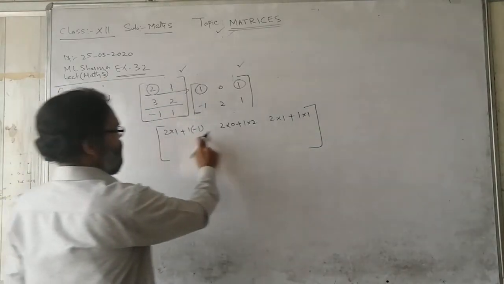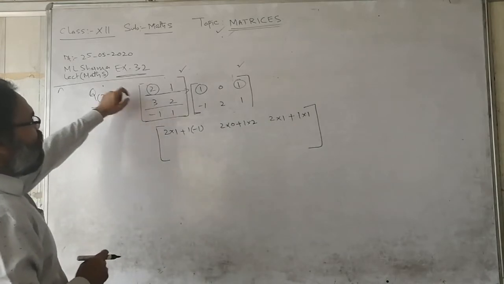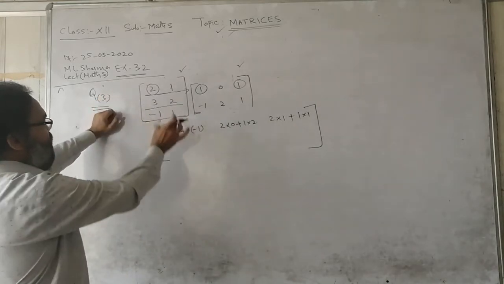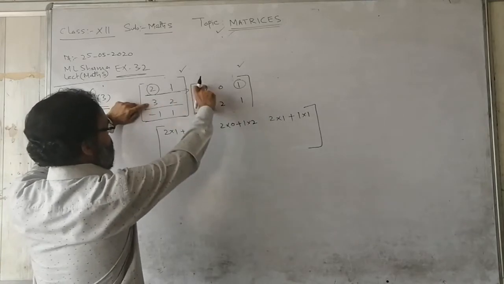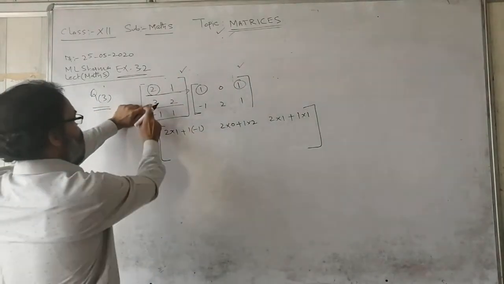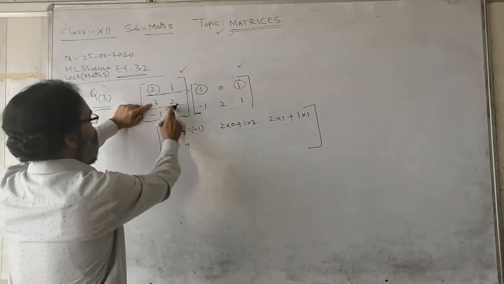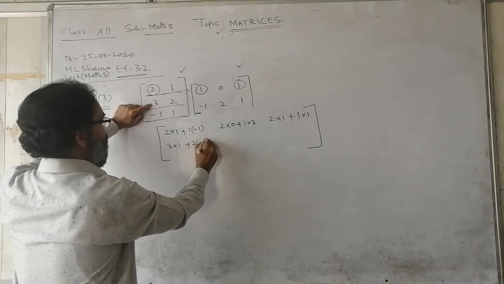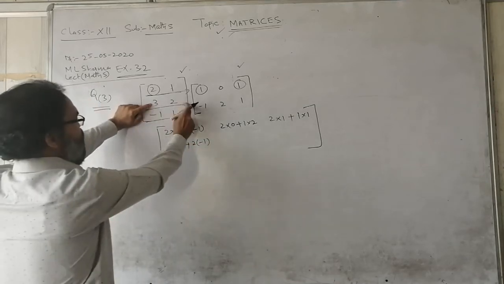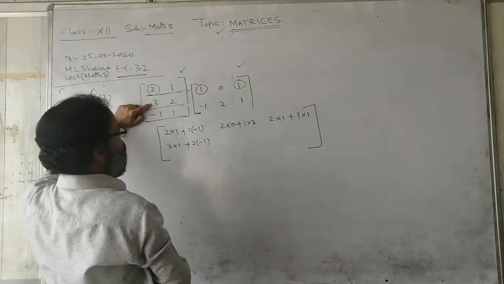So these are elements on the row first. Now these R2 elements are to be multiplied by column C1, then column C2, then column C3. So 3 into 1 plus 2 into minus 1. Then the same row elements are to be multiplied by column C2.